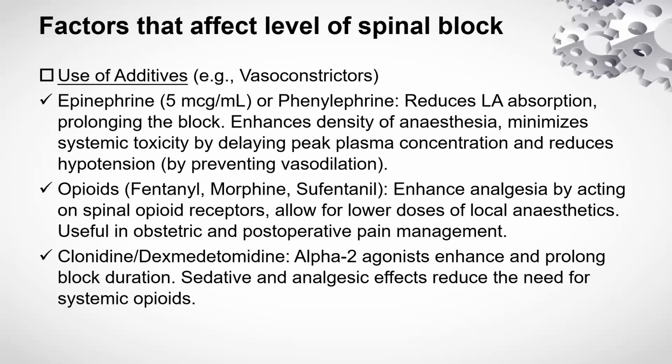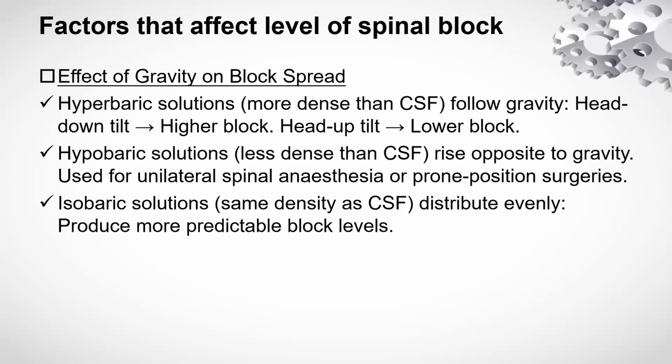We've talked about the use of additives. Clonidine or dexmedetomidine, these are two alpha agonists, and they enhance and prolong block duration. Their sedative and analgesic effect also reduces the need for systemic opioids. Now gravity: talking about hyperbaric solution, these are denser than CSF and they follow gravity.